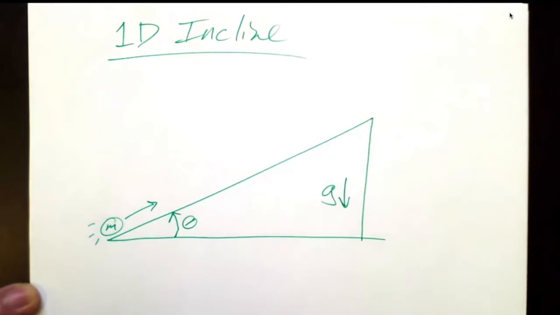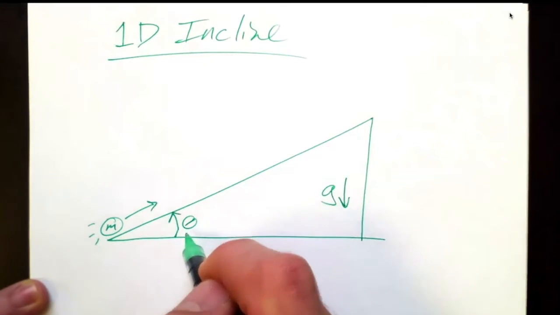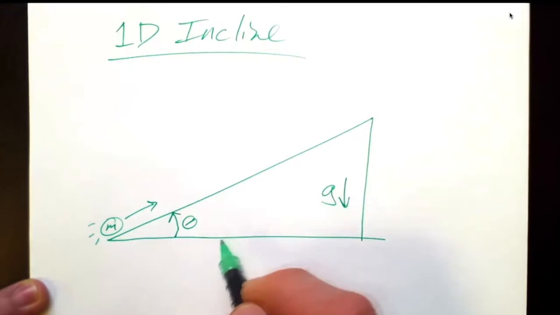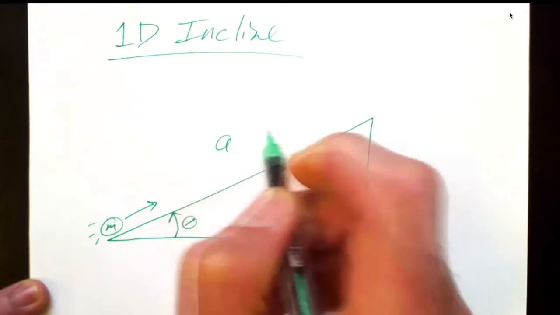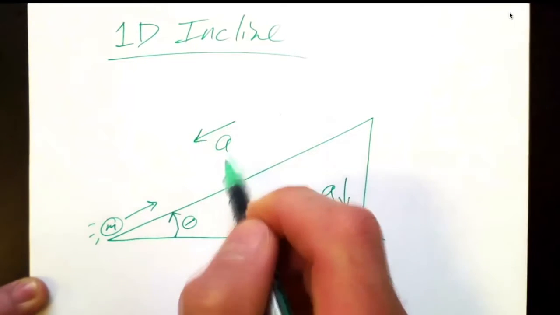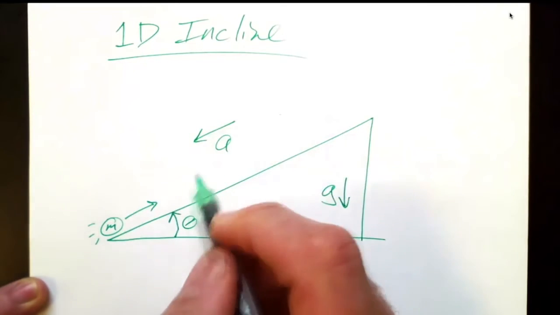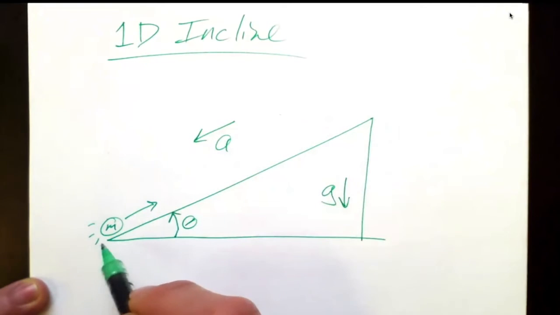That's simply what I want to talk to you about right now: no matter what the angle, it is some value that is going to generate an acceleration on this incline that is down the hill. This acceleration is determined by the magnitude of the hill, and the direction is determined by the slope direction of the hill.